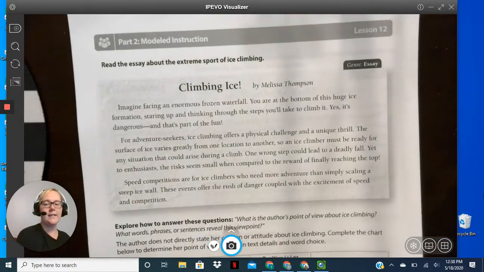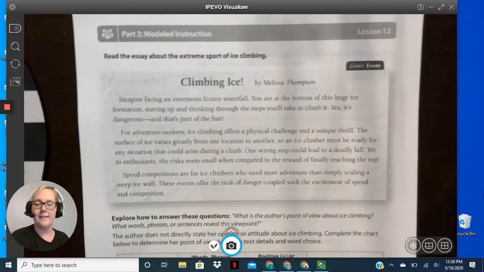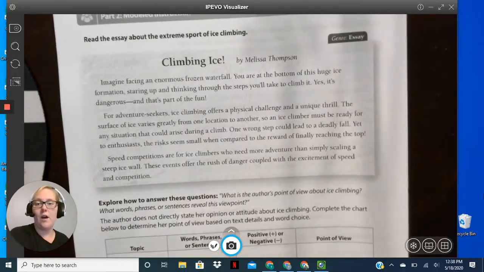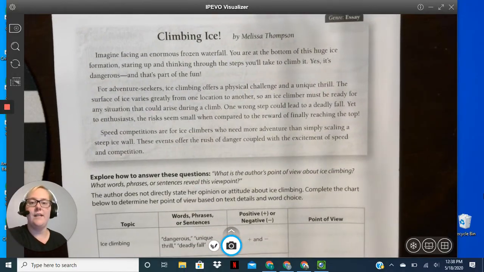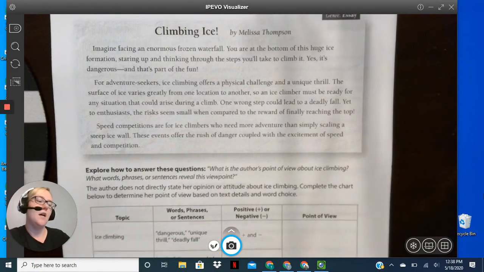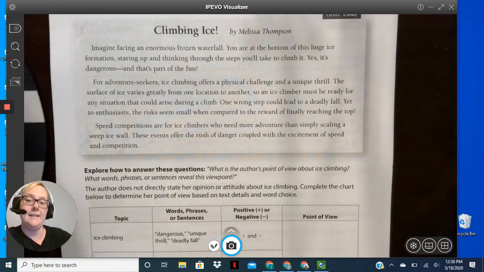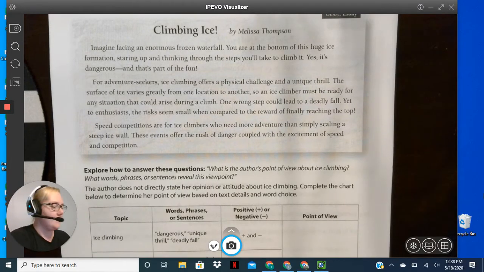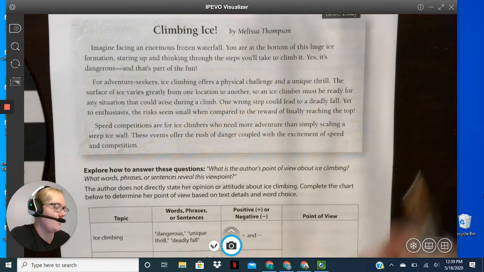Okay, so we're going to practice by reading 2 articles about ice climbing, and we're going to see what the author feels about that based off of evidence. So I'm going to circle or underline evidence that helps me know how Melissa Thompson feels about climbing ice. Imagine facing an enormous frozen waterfall. You're at the bottom of this huge ice formation, staring up and thinking through the steps you'll take to climb it. Yes, it's dangerous, and that's part of the fun.